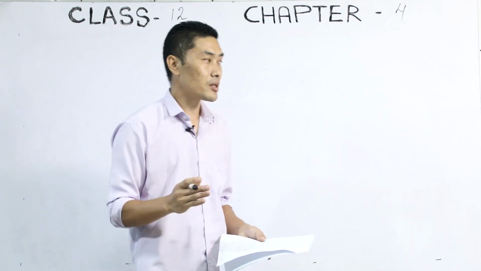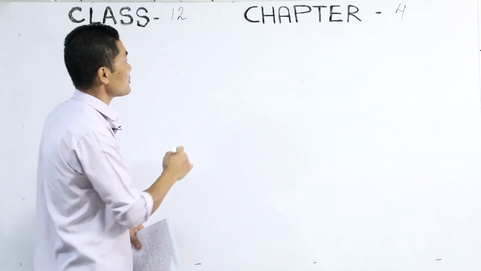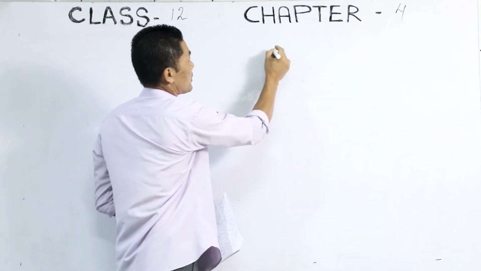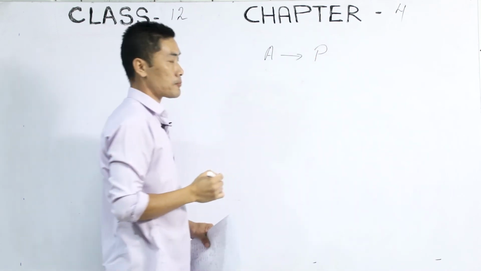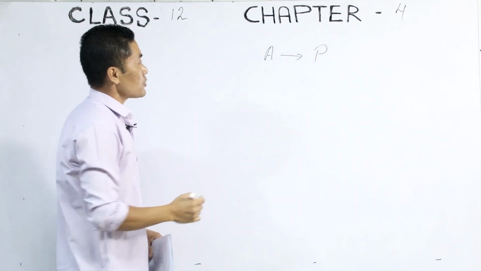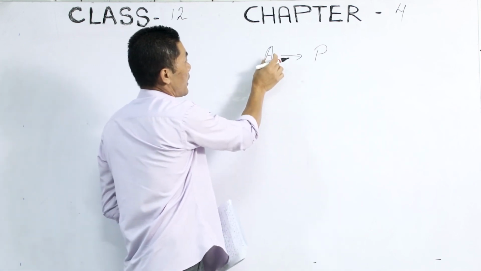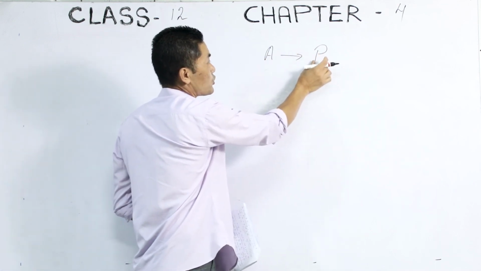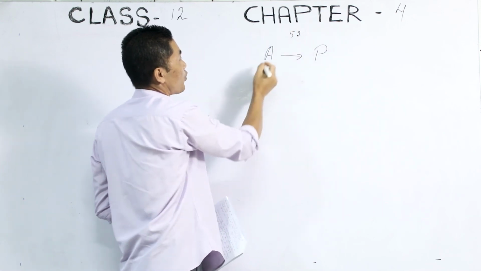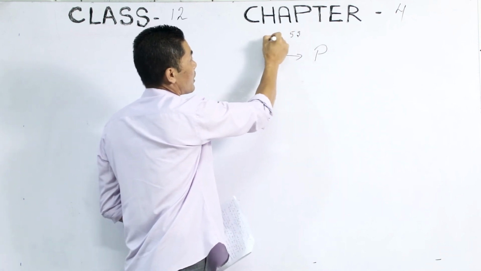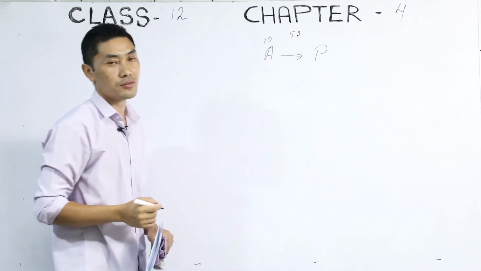So, for example, if a reaction takes place and the reactant A turns into product B. Suppose for A to turn into product B, 5 seconds is required when 10 moles of A is consumed.